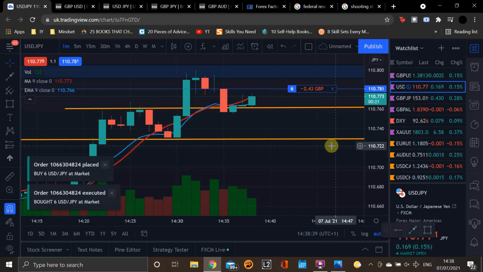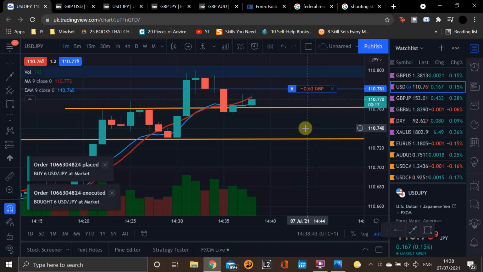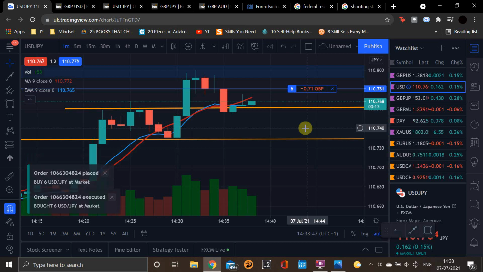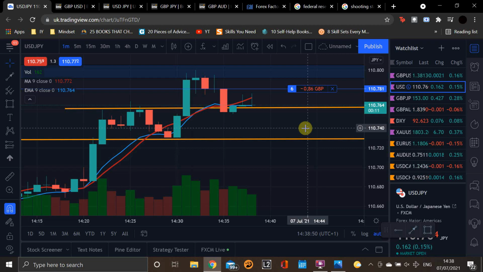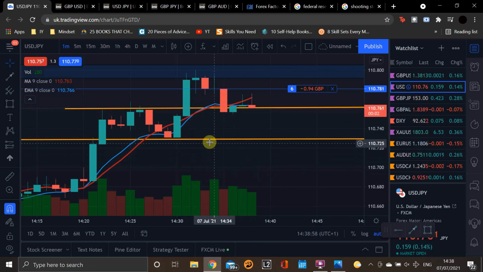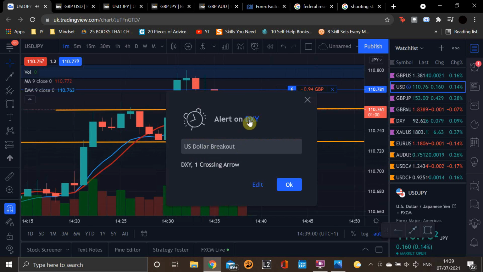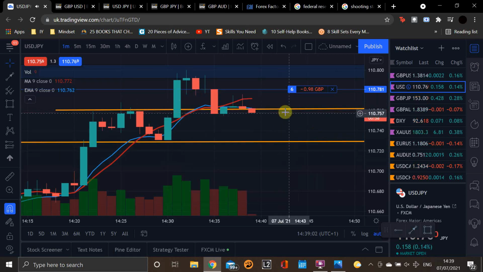So I got in here. My stop loss will probably be below this area here.